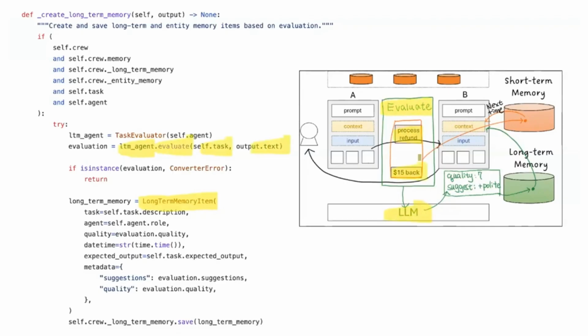And as a result, you store what do you get? You get suggestion and quality, which is why we have suggestion and quality here, and then you save them into your long-term memory. So you can see the code actually implements this logic for long-term memory, because you like your multi-agent system to learn from the system and become better on its own too.